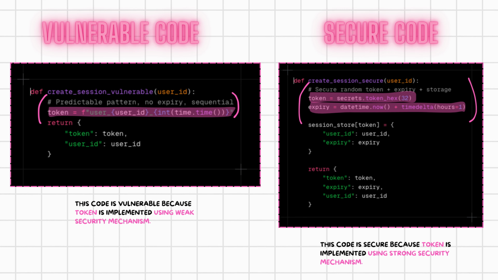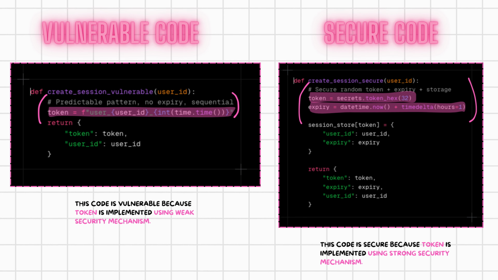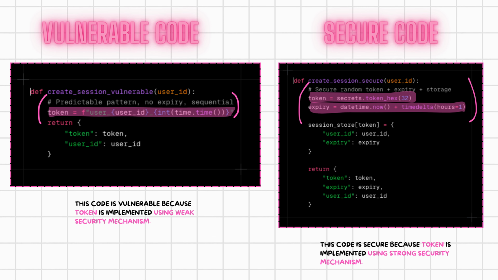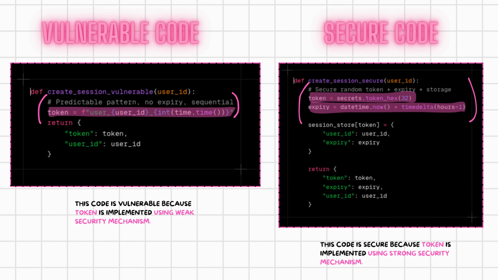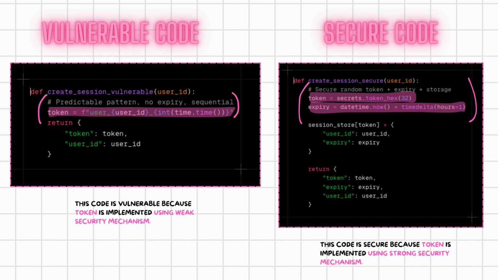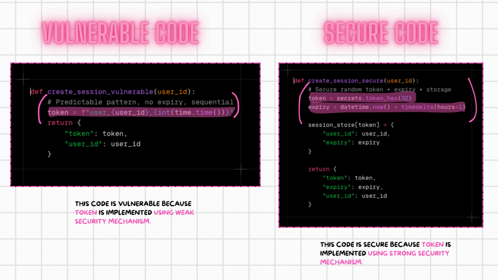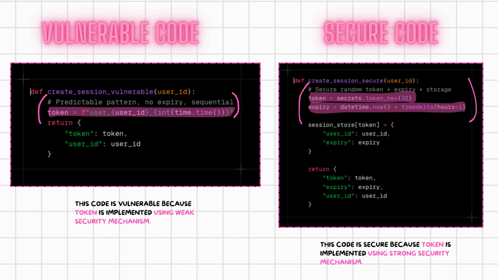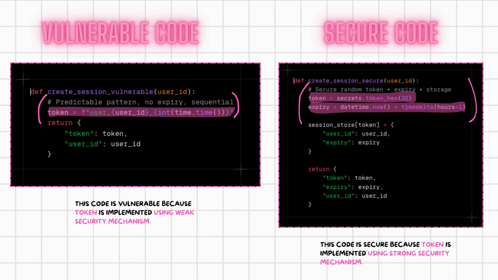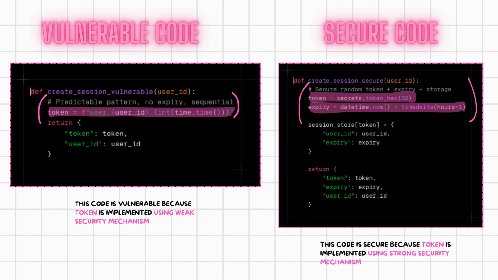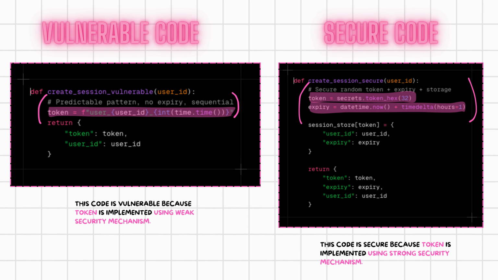As we already know, we have to generate tokens that are randomly generated, and they should have some entropy in them. So, let's look at how the secure code looks. Now, you can see in the secure code, we are generating a token, basically a hex token, and then we are setting up the expiry as well.